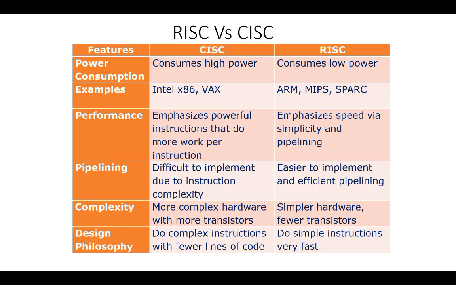With respect to performance, CISC emphasizes powerful instructions that do more work per instruction, while in RISC speed is the main thing, achieved through simplicity and pipelining. Thank you.